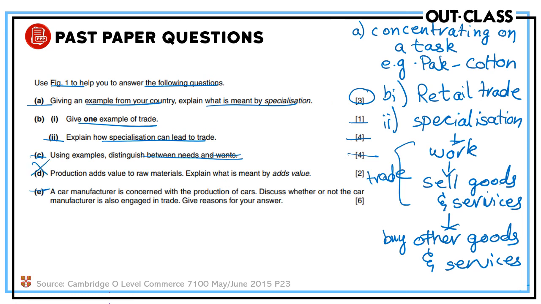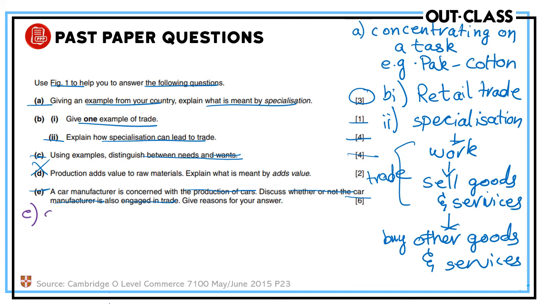E, let's see. A car manufacturer is concerned with production of cars. Discuss whether or not the car manufacturer is also engaged in trade. This is for 6 marks. So we are going to write here about the car manufacturer.